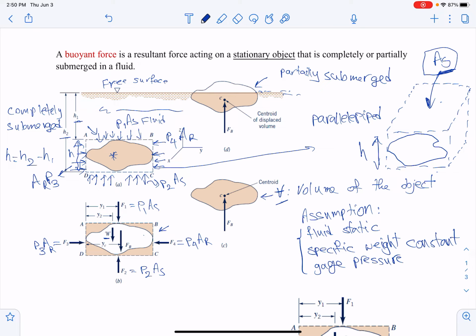So this weight is going to be the weight of the fluid, and by the fluid I mean that if we call it the shaded object or whatever, this is going to be the shaded volume, right?